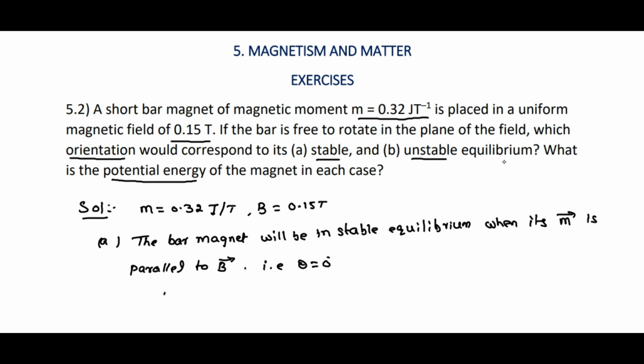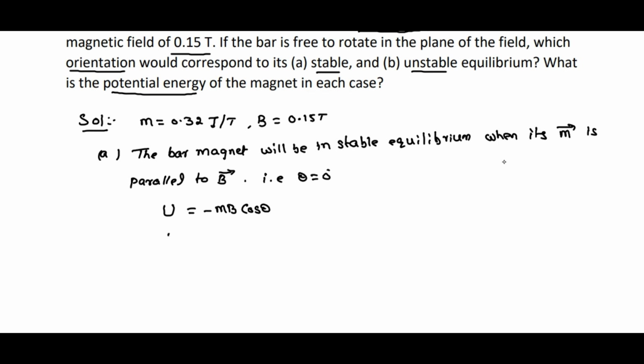In this case, what is the potential energy? U is equal to minus mB cos theta, it is the general expression. So U should be minimum.